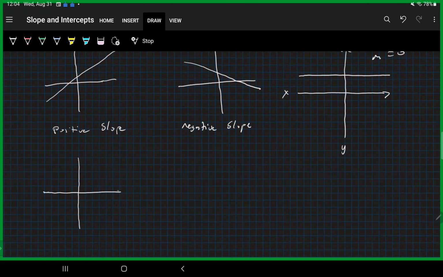And finally, lines that have a slope that's undefined, those are vertical. So there's 4 types of lines that you can have here. Positive, going up as you move to the right. Negative, going down as you go to the right. 0, which is horizontal. And vertical, which is an undefined slope.